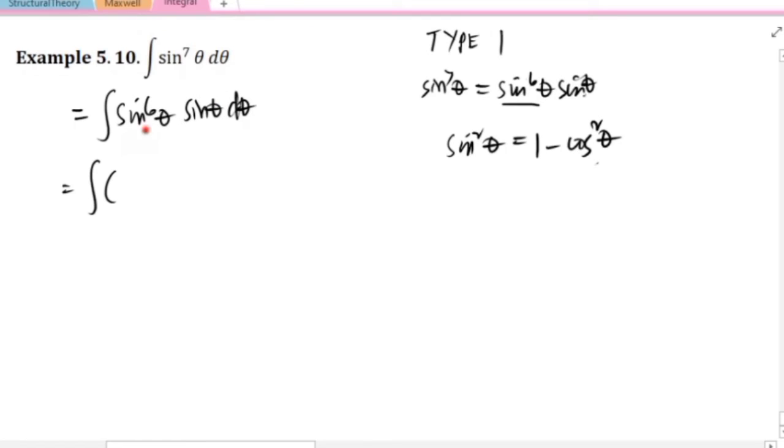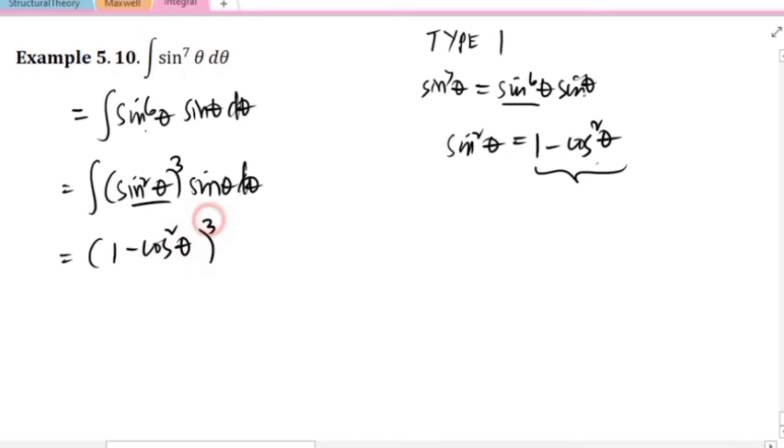And we will express the sine to the 6th here into sine squared theta raised to 3 sine theta d theta. So itong sine squared papalitan natin ng 1 minus cosine squared. So we would have 1 minus cosine squared theta raised to 3 sine theta d theta.